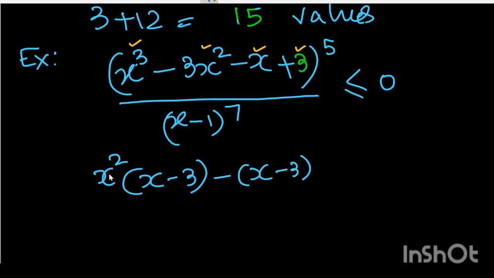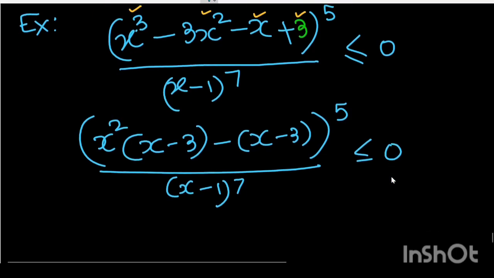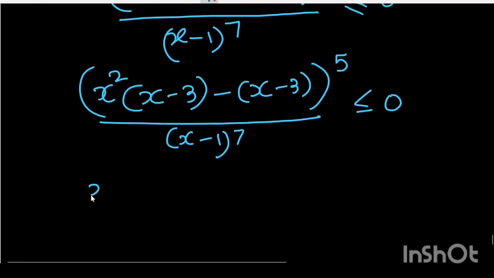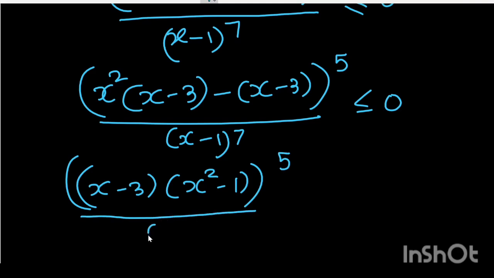Since this is rather simple, one linear factor just came out easily. Taking x minus 3 out, guys, we get (x square minus 1) whole to the power 5, denominator (x minus 1) to the power 7, less than or equal to 0.